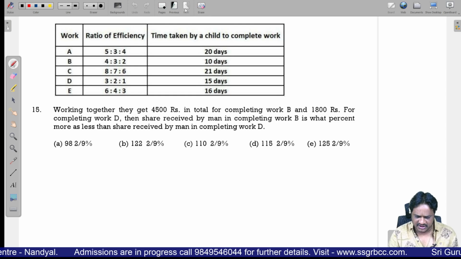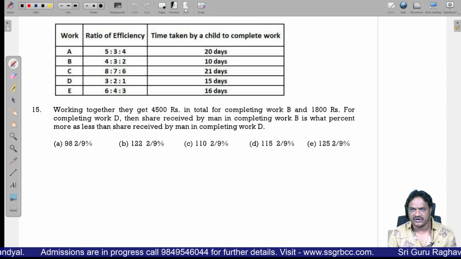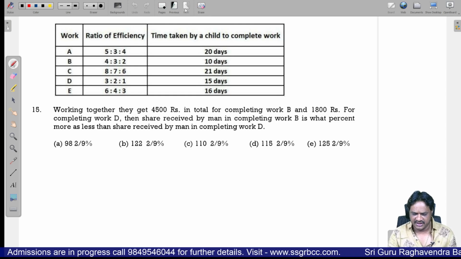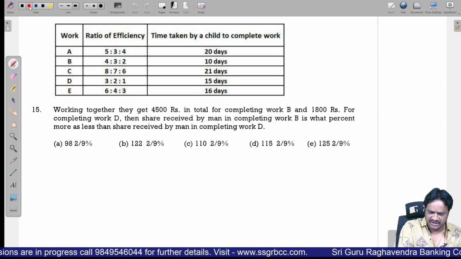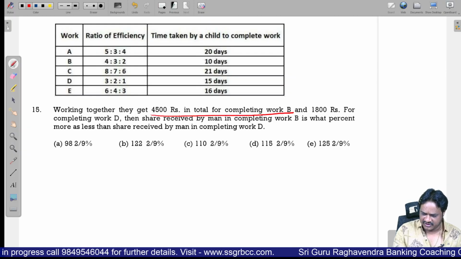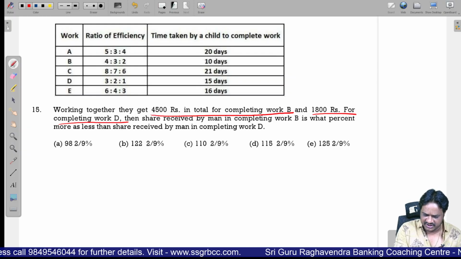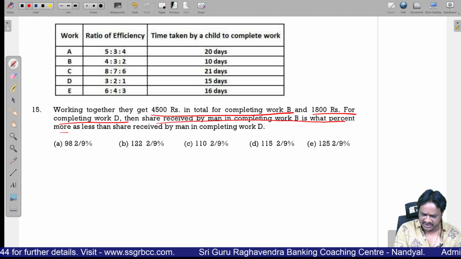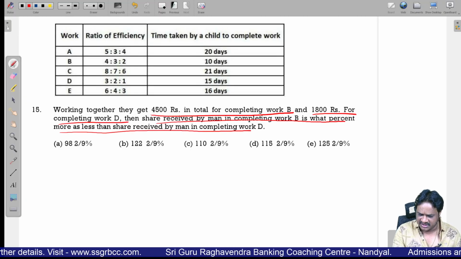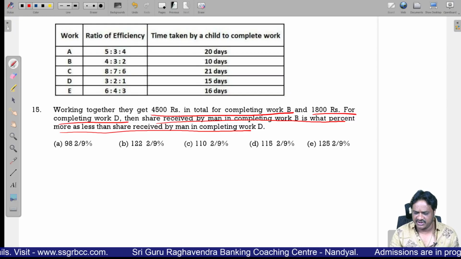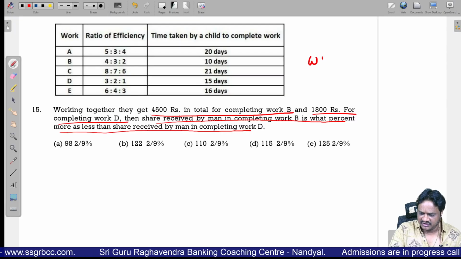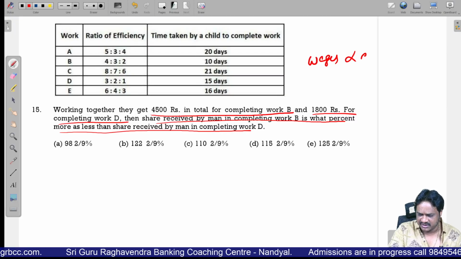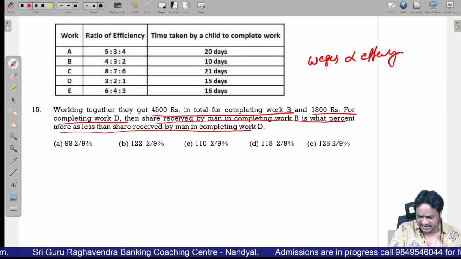Working together, they get 4,500 for completing work B and 1,800 for completing work D. Then the share received by man in completing work B is what percent more or less than share received by man in completing work D? So here wages are directly proportional to efficiency.